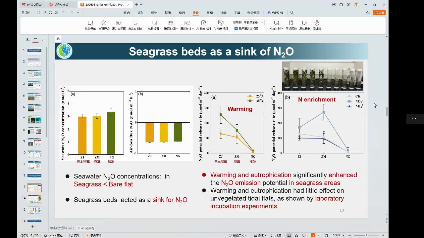But in the lab incubation experiments, we found that warming and nitrate enrichment significantly enhance N2O emission in seagrass regions, but have little effect on the bare flat sediments.